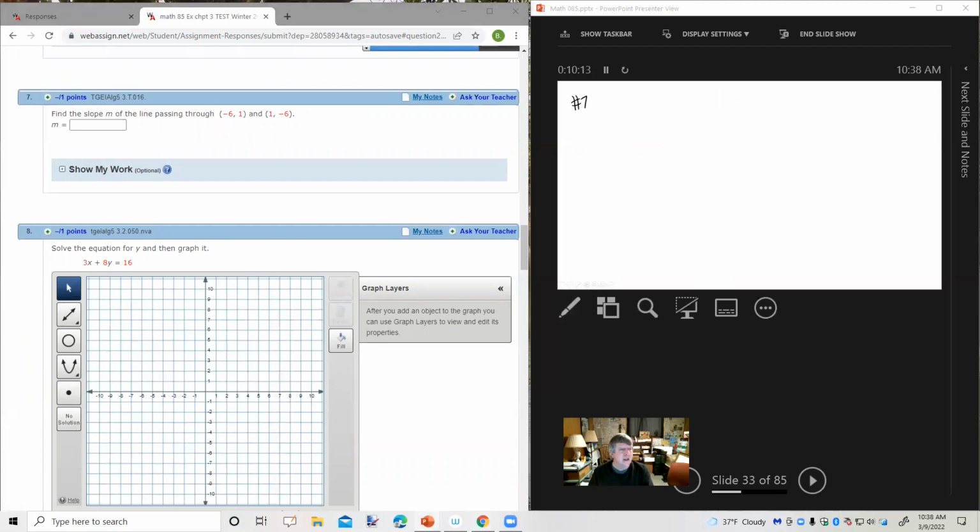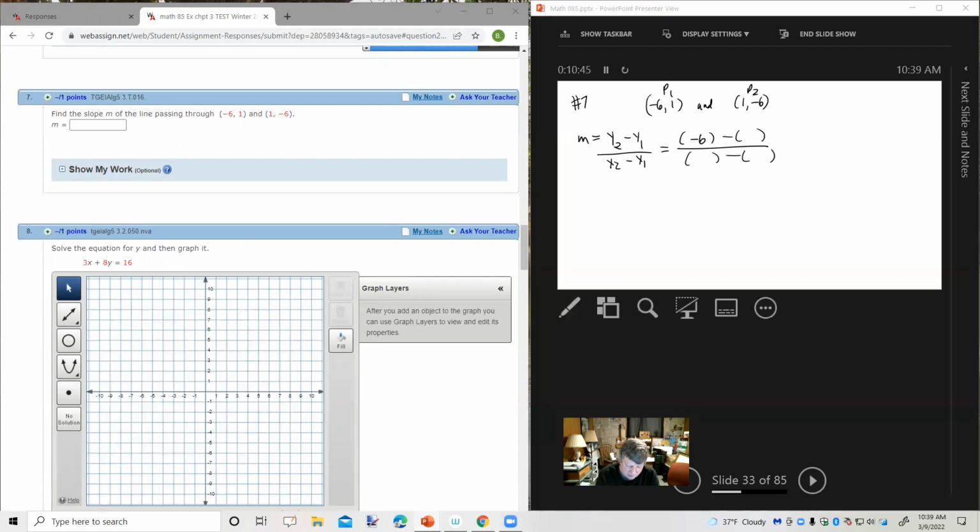Number 7, find the slope m of the line passing through the given points (-6, 1) and (1, -6). The slope formula is m equals y sub 2 minus y sub 1 over x sub 2 minus x sub 1. I'm going to call this point 1 and this point 2. So y sub 2 is the y value for point 2, which is -6.